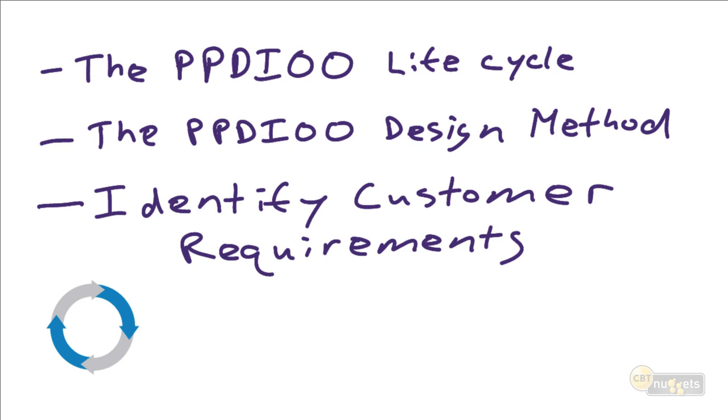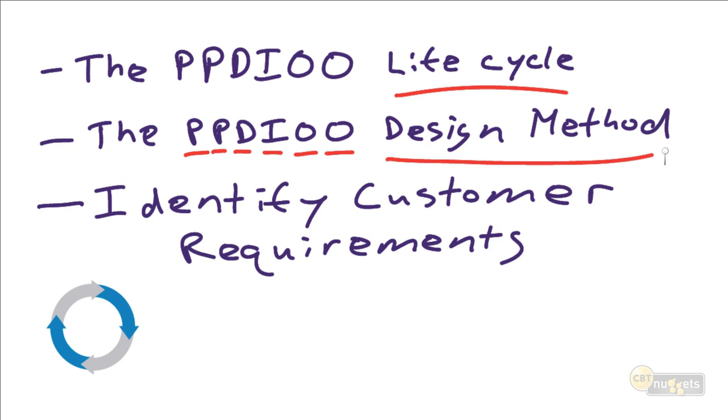So in this nugget, we took a look at the life cycle of a network. That's right. What are the phases that a network goes through? We also took a look at how we can take the prepare, plan, design, implement, operate, and optimize life cycle, and we can pull out of this a nice three-phased design methodology.